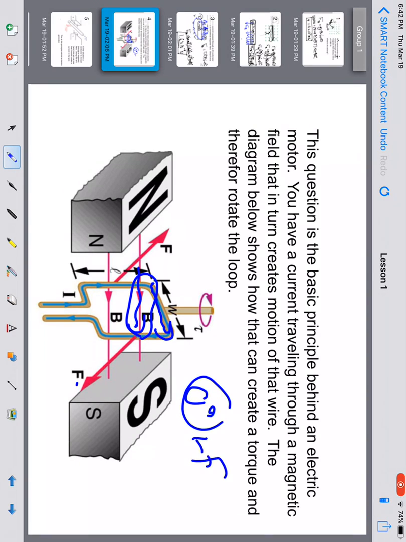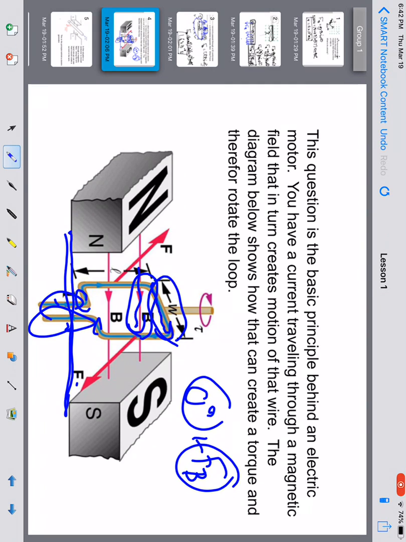And that means that there is no net force due to the magnetic field on this portion, nor this portion, nor that portion. And these you wouldn't have to worry about because one would argue if it's a well-made motor, those won't be in the magnetic field.